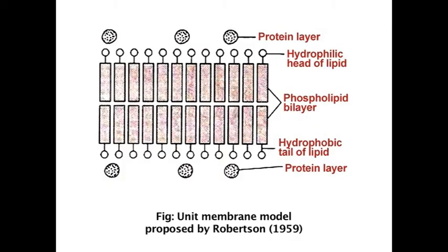According to Robertson, the unit membrane is made up of bimolecular lipid leaflet, which was sandwiched between the outer and inner layer of proteins organized in the pleated sheet configuration. This arrangement was presumed to be basically the same in all the cell membranes, though he acknowledged the specific chemical differences between the membranes.